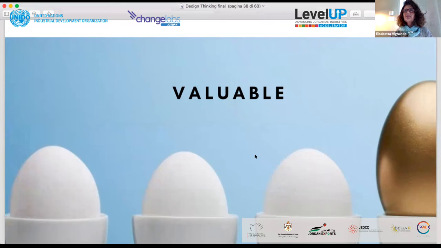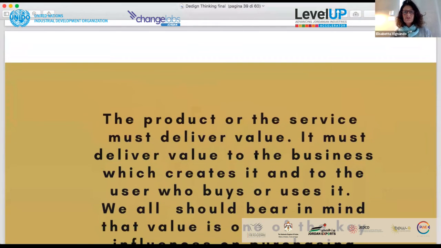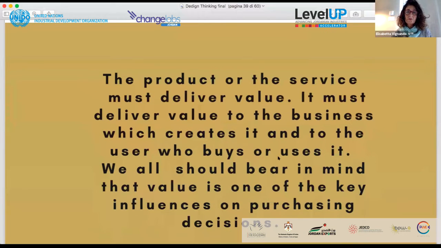So you have to investigate your competitors a lot, because of course we are full of competitors when we are approaching a new product or idea. So a comparative analysis is very, very important when we want to create a valuable product. The product or the service must deliver value. It must deliver value to the business which creates it, and to the user who buys or uses it.